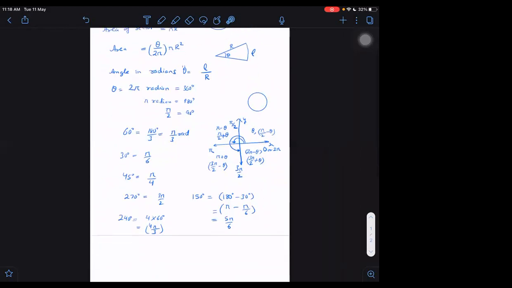On the next page, I will take another angle, which is the angle in 3 dimensions. That is a new concept for you: angle in steradian. That is not 2 dimensions, that is 3 dimensions.